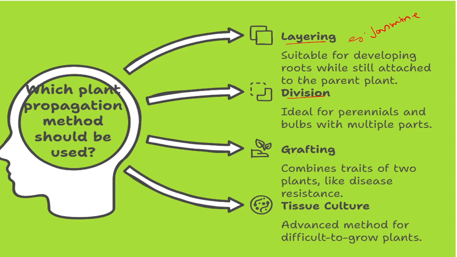And the third method is grafting. Mainly for grafting we use mango and apple trees. The grafting method enhances vegetative propagation, and in a short time we gain a large amount of plants. It combines the traits of two plants, like disease resistance. Why do we use the grafting method?